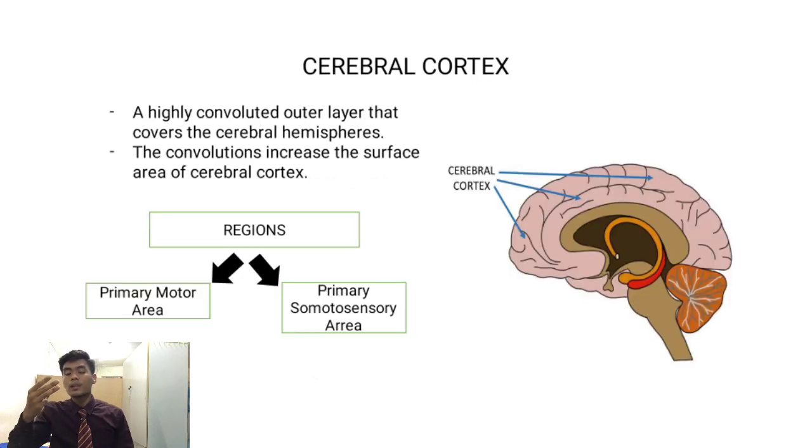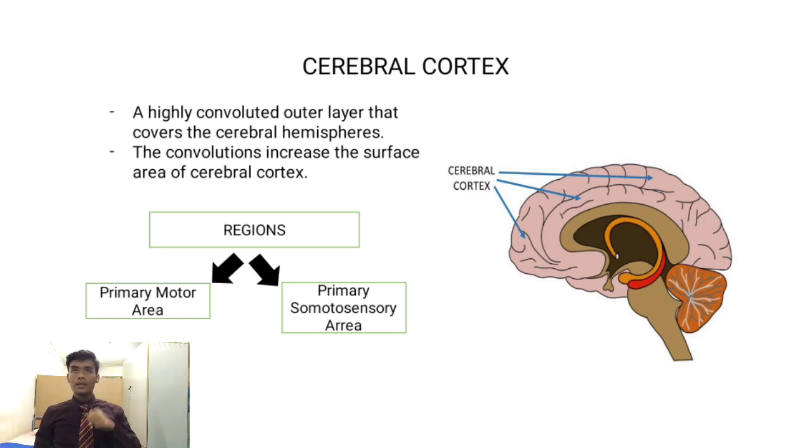The third major part of the brain is the cerebral cortex. The cerebral cortex has a highly convoluted outer layer. The convoluted parts increase the surface area of the cortex.